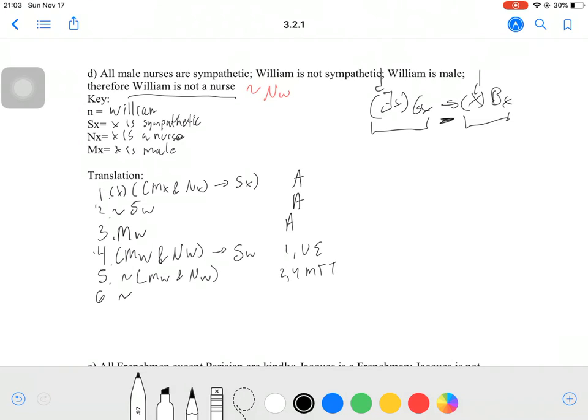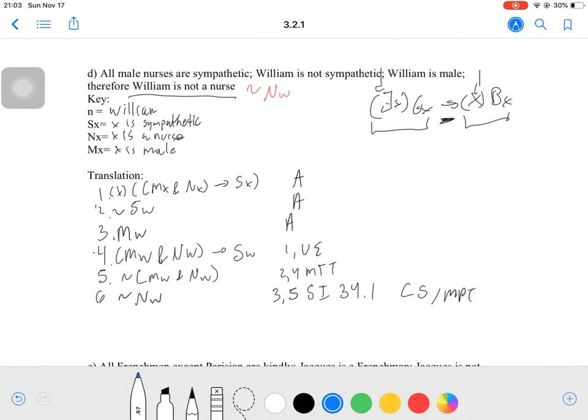In other words, we can go ahead and get to negation W from lines 3, 5, with SI 34.1, also known as conjunctive syllogism, also known as MPT.